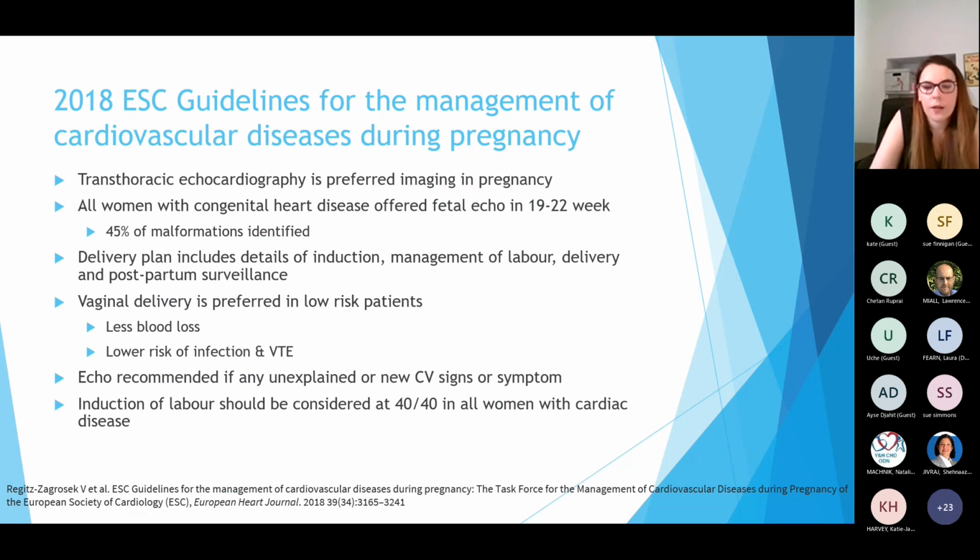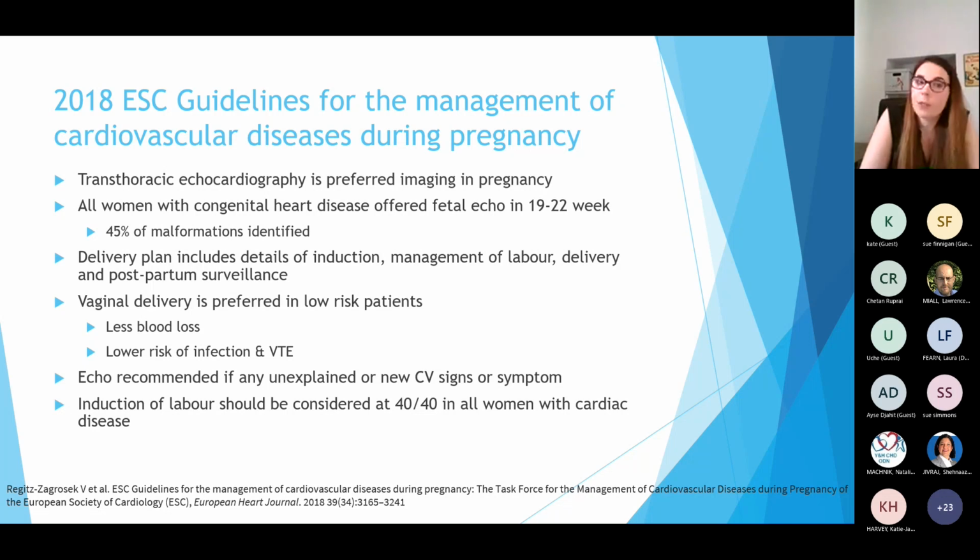Now, the majority of the guidelines do focus more on the more complex cardiac disease and those at high risk during pregnancy, but it is noted obviously that for all patients transthoracic echocardiography is the preferred imaging during pregnancy, and this should be performed periodically during outpatient follow-up, and also if there are any unexplained or new cardiovascular signs or symptoms during pregnancy.